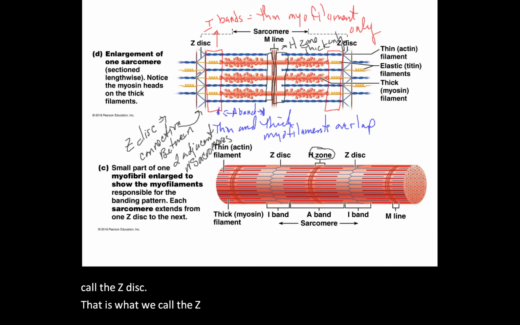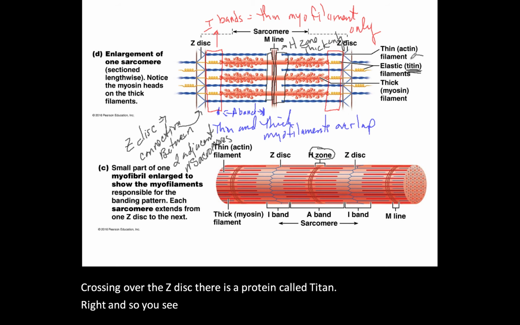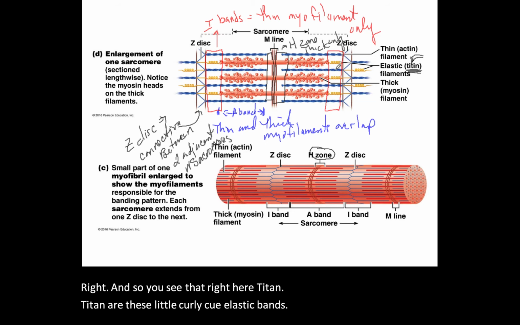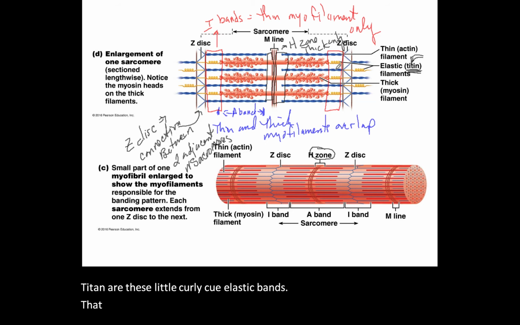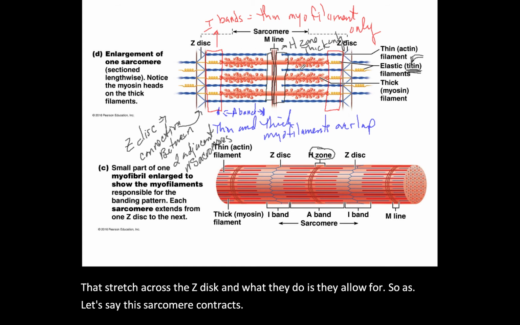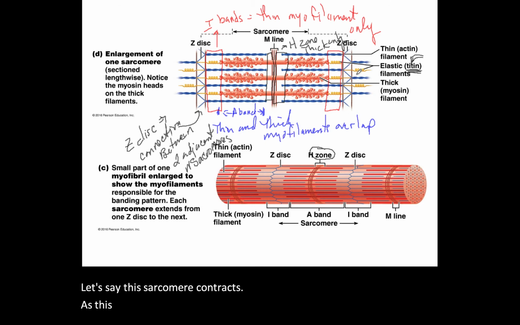And crossing over the Z disc, there is a protein called titin. And so you see that right here, titin. Titin are these little curlicue elastic bands that stretch across the Z disc. As this sarcomere contracts, the titin expands like a spring.